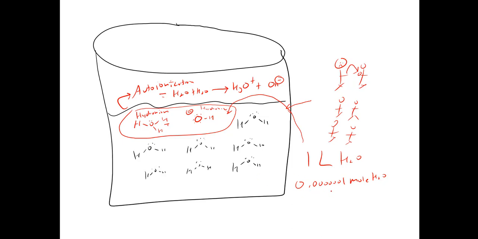Now, it's really hard to keep track of all the zeros, so we like to use scientific notation. So 1 times 10 to the negative 7 moles of H2O.